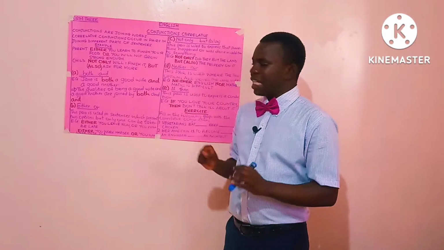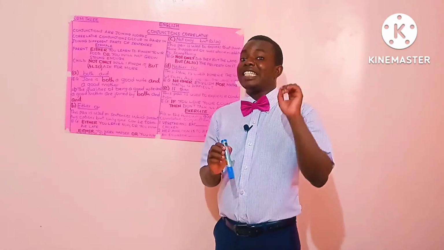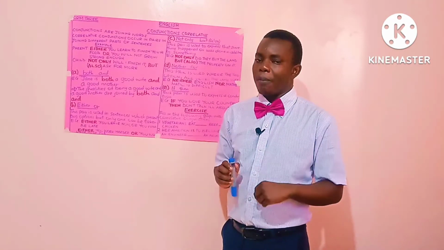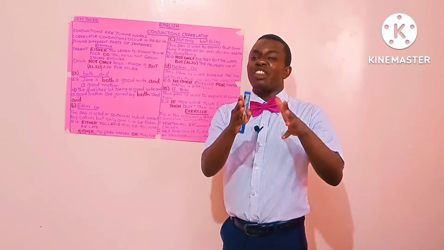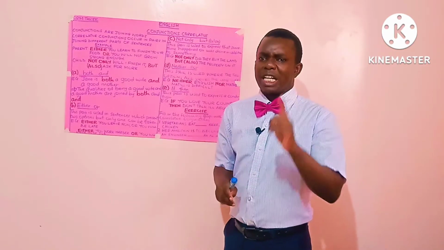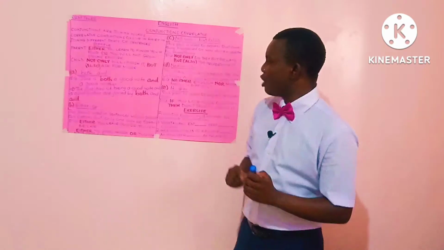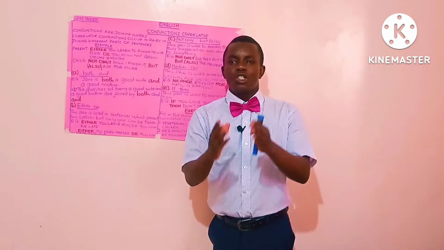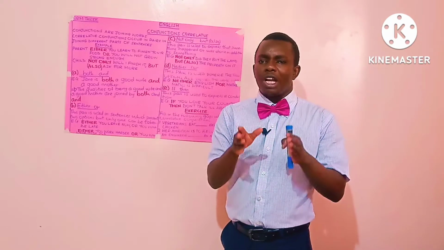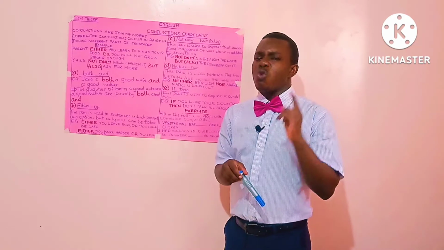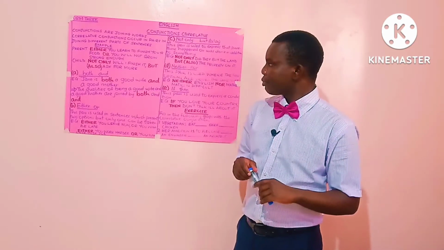The two examples there are just some examples of correlative conjunctions and their usage in sentences. Very fast, let us go through some other correlative conjunctions and where we use them.